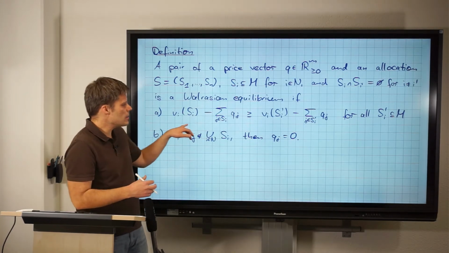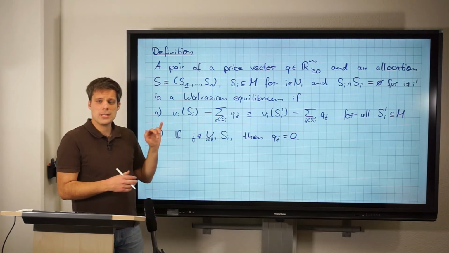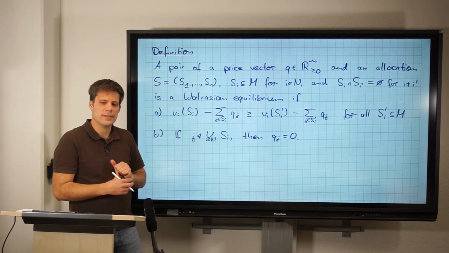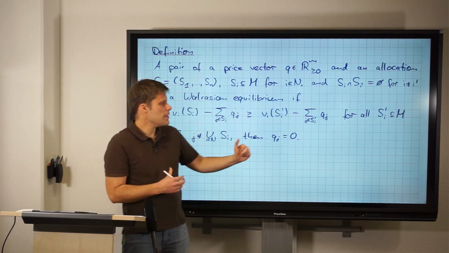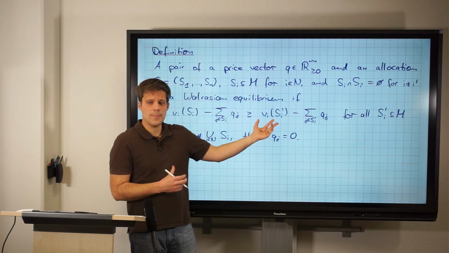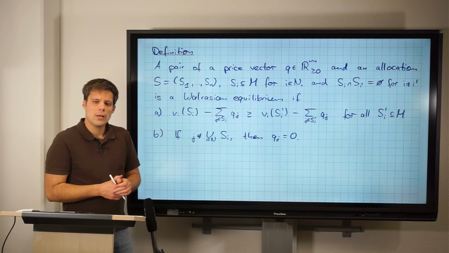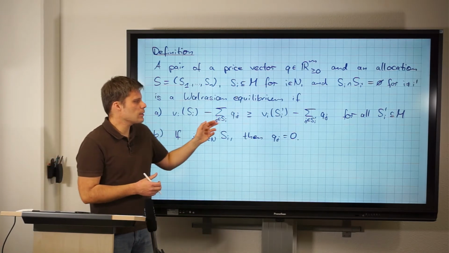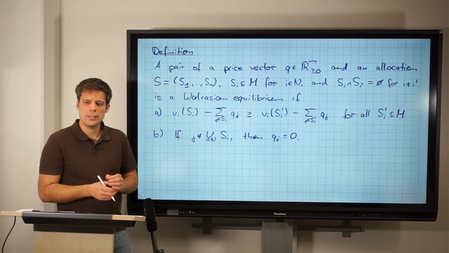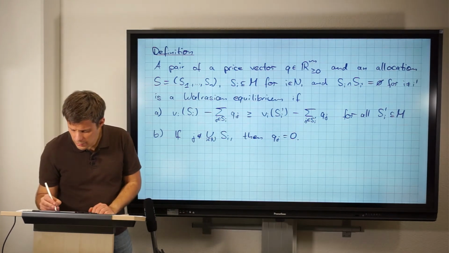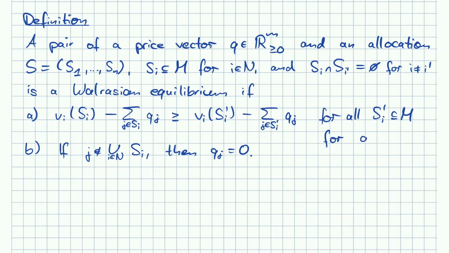And this is written down here. So this would be my quasi-linear utility if I'm getting set Si and I'm paying the sum of the prices in the set Si. And this is now for the set Si prime, what would be my value minus what would I have to pay. And this condition now tells us that every player should be happy with what they are getting. I forgot to write this down. This should, of course, also hold for all players.